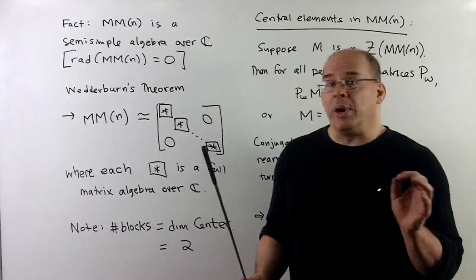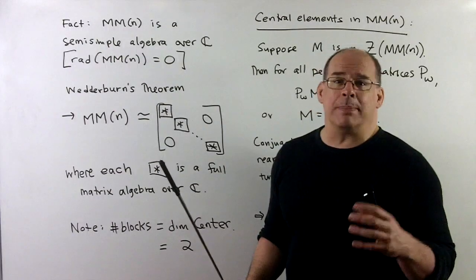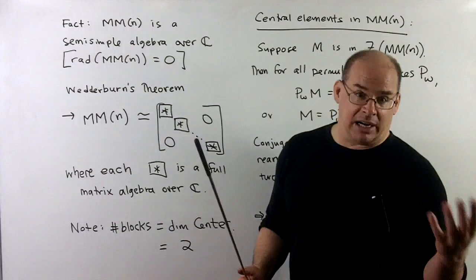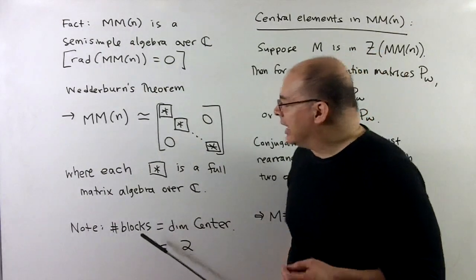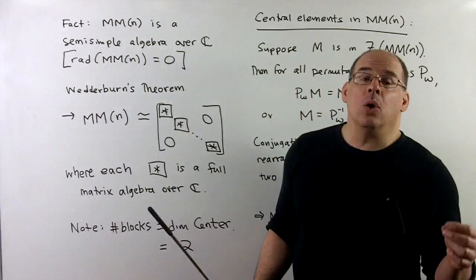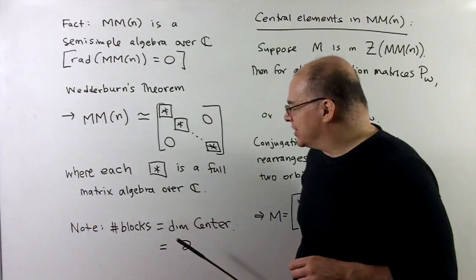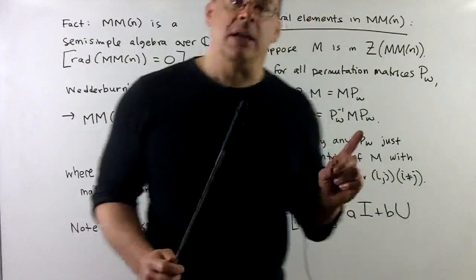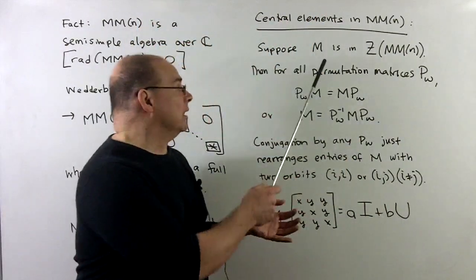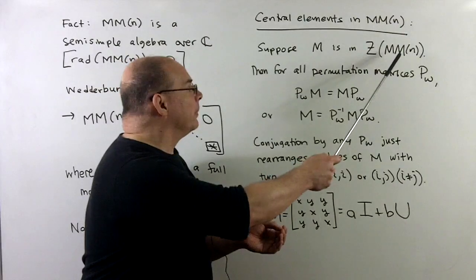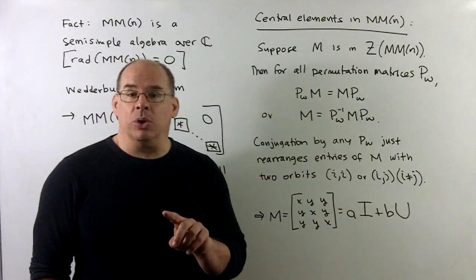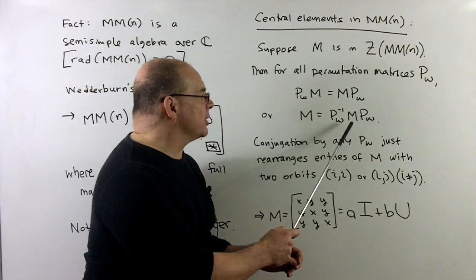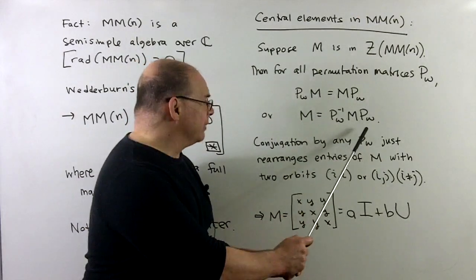Now, if we want to count the number of blocks, we just count the dimension of the center of the algebra, since each block contributes its identity matrix. In the case of MMN, we'll see that the dimension of the center is exactly equal to 2. Now, for that, let's suppose we have an M in the center. That means it has to commute with every permutation matrix, or if we conjugate by a permutation matrix, we have to be unchanged.